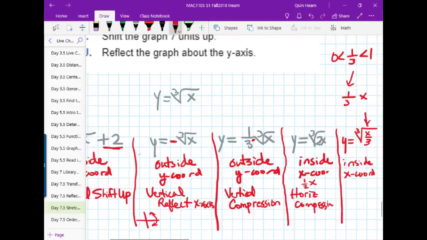You would think it would shrink the x value, but since it's inside the function, it does exactly the opposite of what you would think. Inside does the opposite. So you're actually going to multiply each x value by 3. So that's going to be a horizontal stretch.